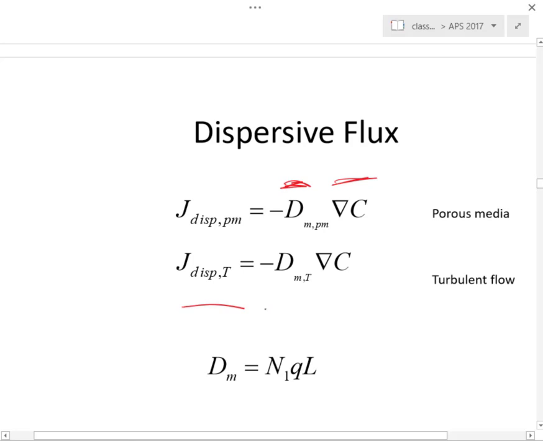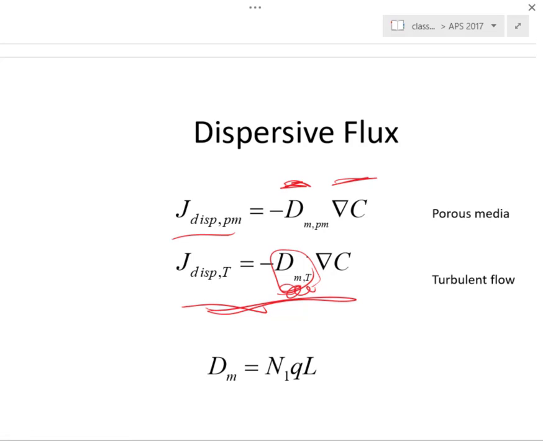And in Weasley, we've got two formulas that have the same form, but the dispersion constant is a bit different. So this is how we're going to treat dispersion. The dispersion constant is given here, and it's going to include these concepts that came out of the previous discussion.